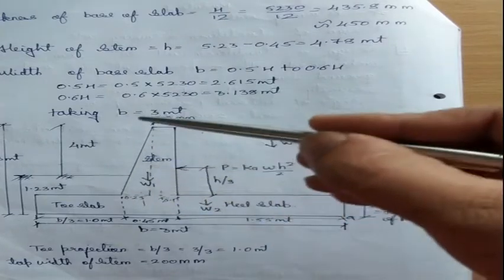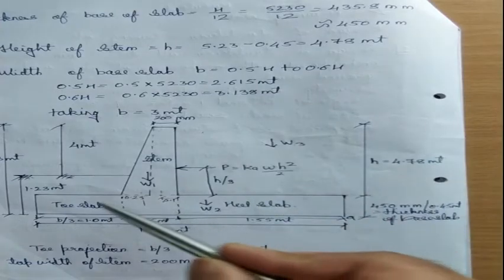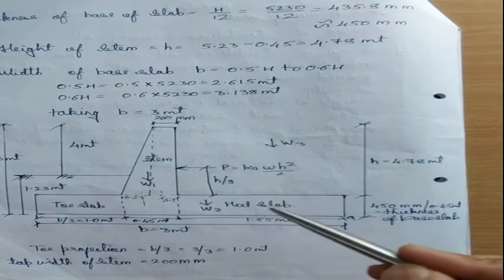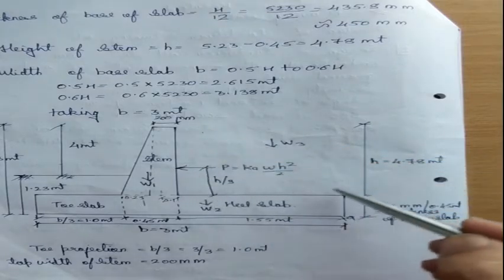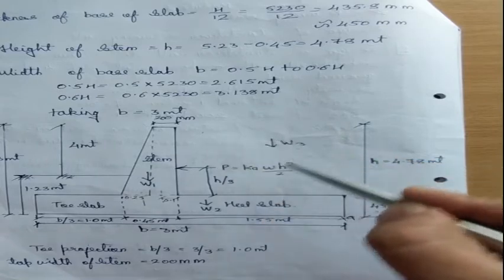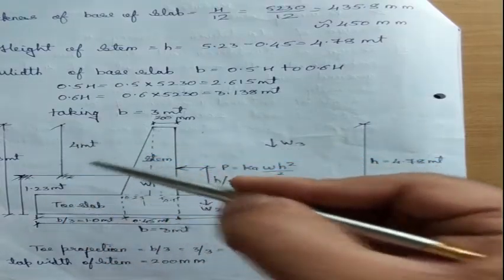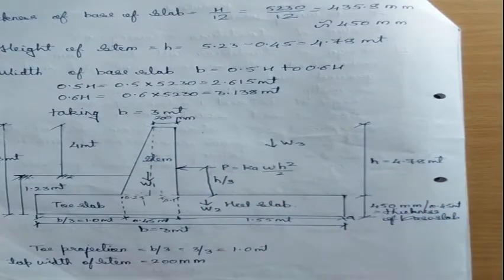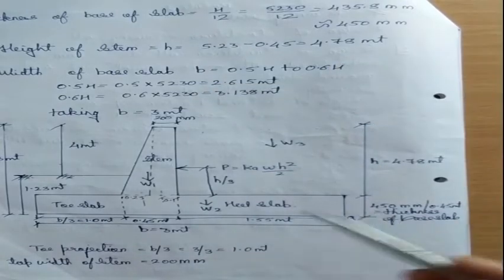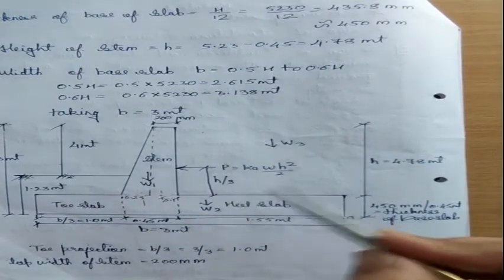This portion we call a stem which stands above, this we call a toe slab, this we call a heel slab, and this portion is nothing but the soil retained, that means the soil is present here, and this is the other side which may be open or which may be used for the water structure also. So this is the stem which is projected vertically, this is the toe portion and this is the heel portion.